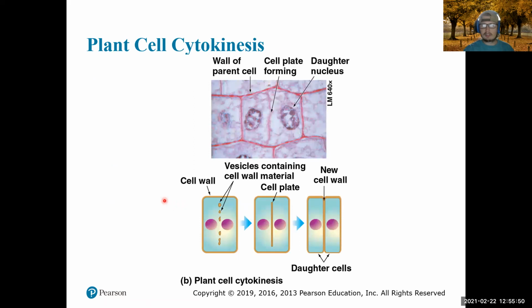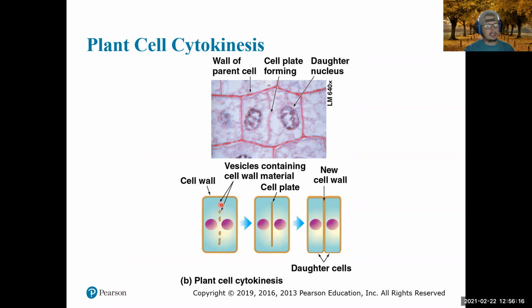So here we have an image of this happening. So here's an actual micrograph, light microscope image of a plant cell that has a cell plate forming. And the way this works is you have your parent cell, you have the nuclear material already separated, then you have vesicles forming, membranous vesicles forming in the interior portion of the cell.